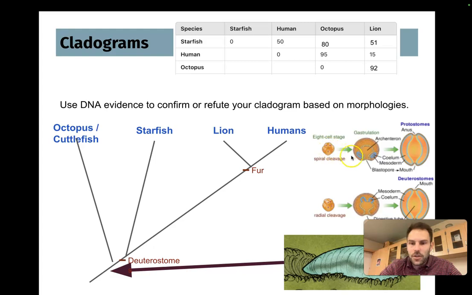Eventually you get this blob of cells that starts to fold and form this opening. If you're a protostome, like an octopus or cuttlefish, that becomes your mouth. And then the anus ends up coming afterwards, right? And so again, you're just this multicellular tube here. Food goes in, food comes out, you use it for energy, you do things, right?